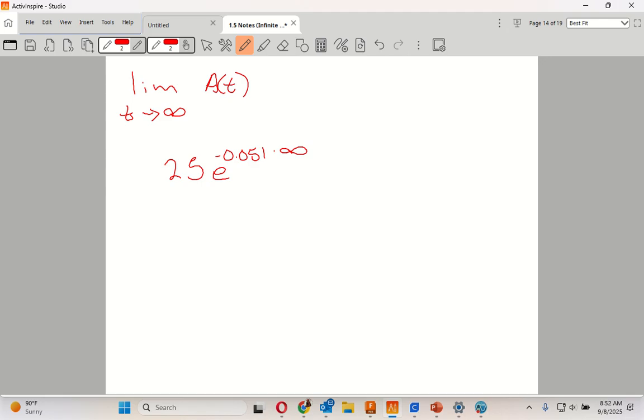How can I make it into a positive exponent? Can I move it to the denominator? You guys remember that trick? So that would be a positive e to the 0.051 times infinity.